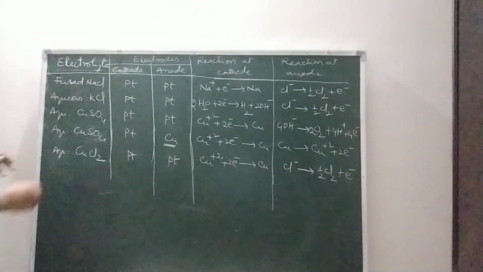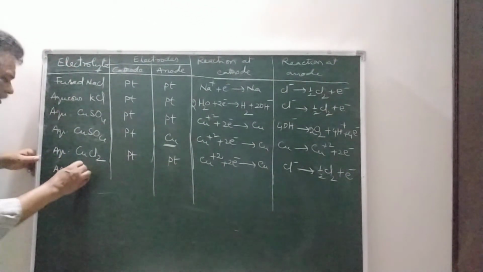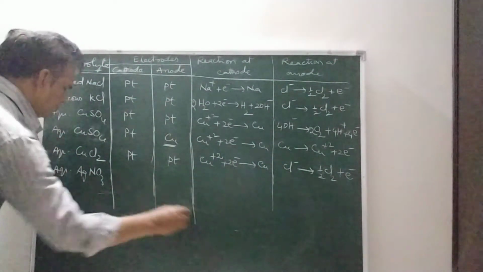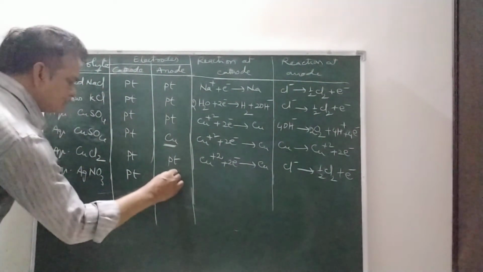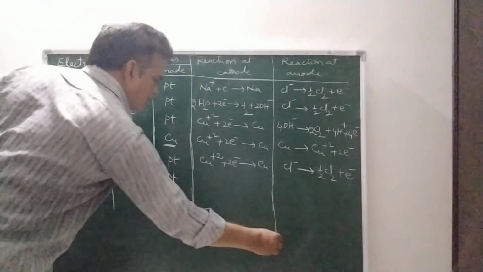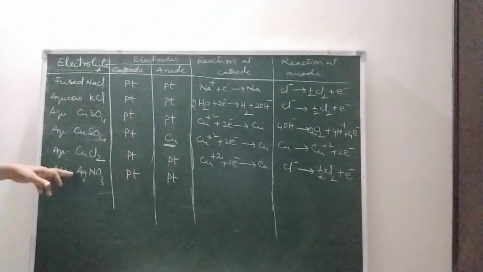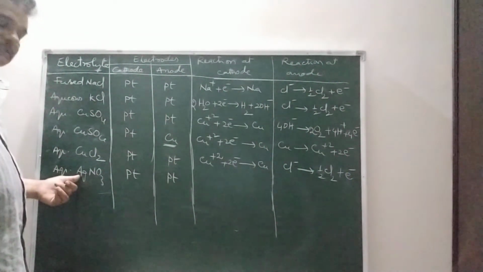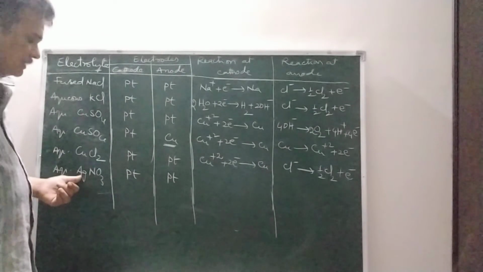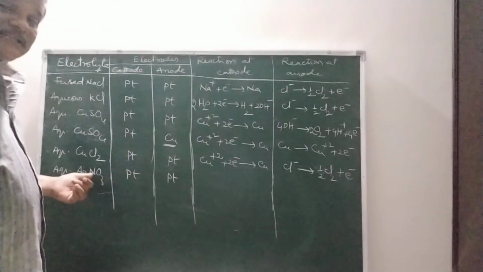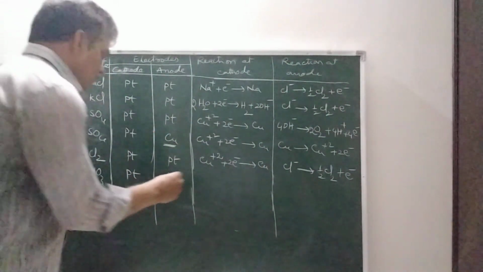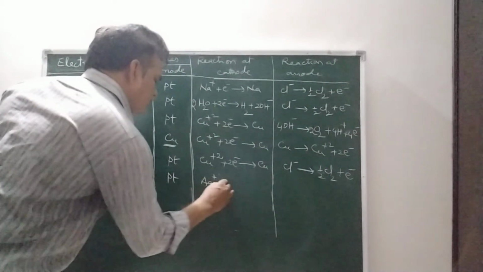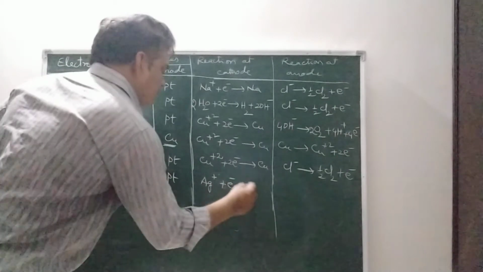Take aqueous AgNO3 using platinum electrodes. In aqueous AgNO3, Ag+ ions and H+ ions are present. Ag+ ions have less discharge potential in the order. So Ag+ takes an electron and converts into Ag.